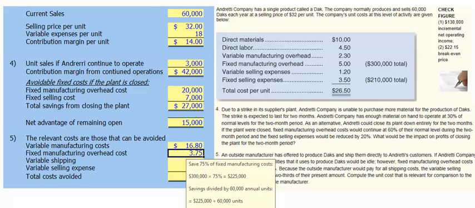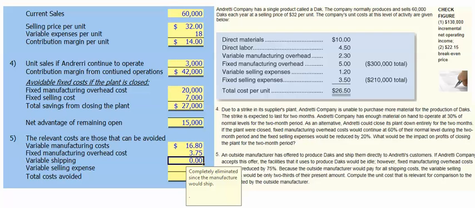So if we take our total manufacturing overhead of $300,000 and multiply it by 75%, we see that we would have savings of $225,000. And if we spread that over 60,000 units, our savings would be $3.75 per unit. Our variable shipping cost, we could eliminate entirely because the outside manufacturer would pay for shipping.